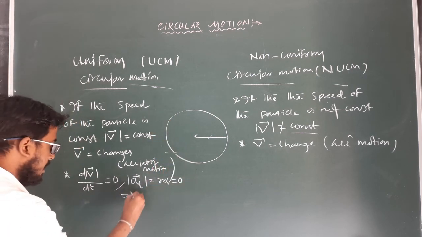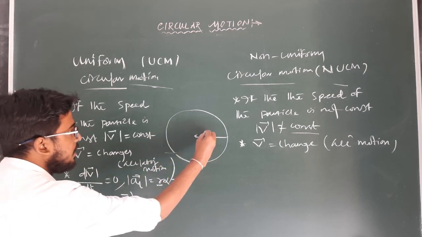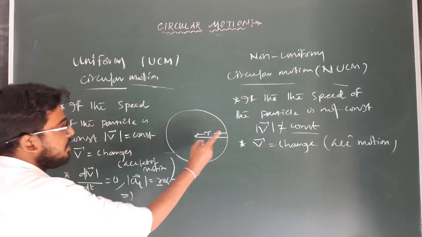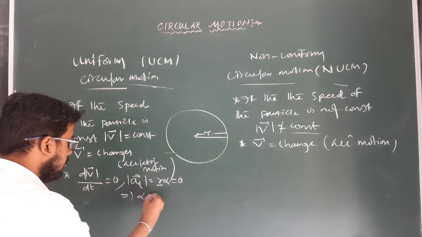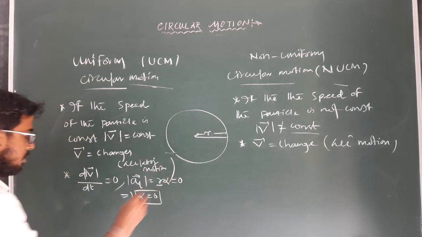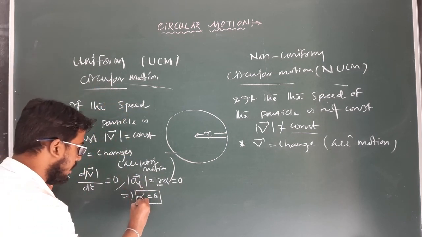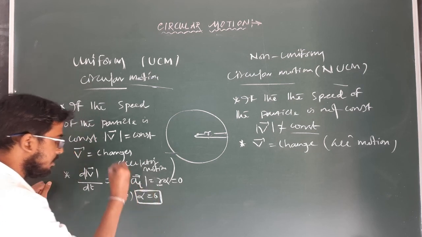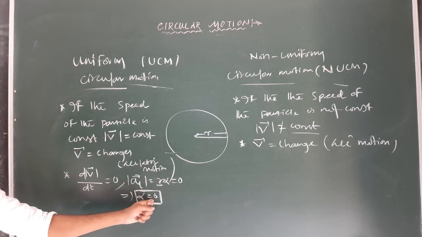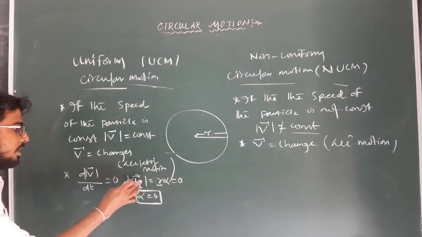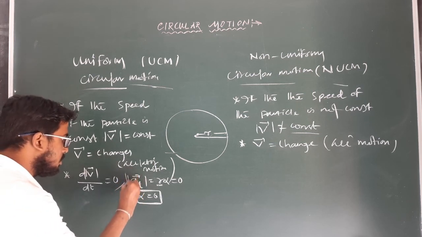So this implies, as r can't be 0 because the radius of the circular path is fixed and constant, alpha equals 0. Clear? So you have to remember, in case of uniform circular motion, it does not have any angular acceleration. Clear? Angular acceleration or alpha equal to 0, as the tangential acceleration is equal to 0.